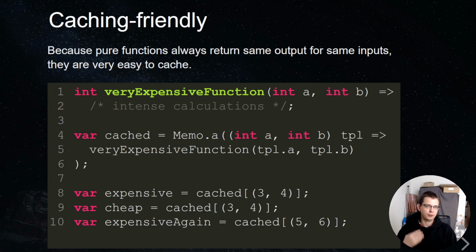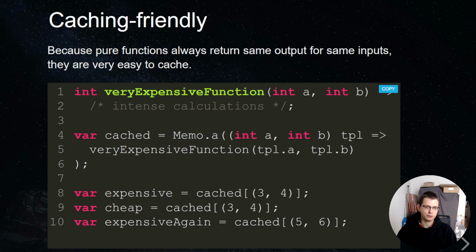Because pure functions do not do anything except produce output, they are very easy to cache. So maybe we have some very expensive function that does some very intense calculations here, and if we want to cache that, it's very easy. You just use a library method called memo, and basically it memoizes, it caches it.